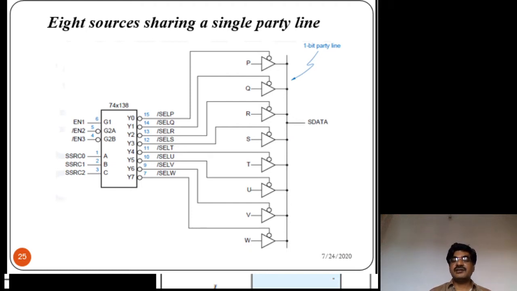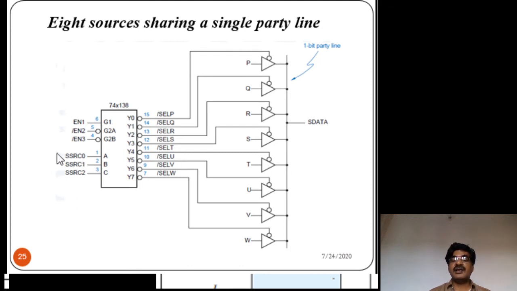Suppose you apply 000 at the decoder input. Then only Y0 is active, whereas the other outputs are inactive. Hence the tri-state buffer which has input P is active, whereas all the others are inactive. Hence whatever data is on P is transmitted through this buffer to the rest of the units.